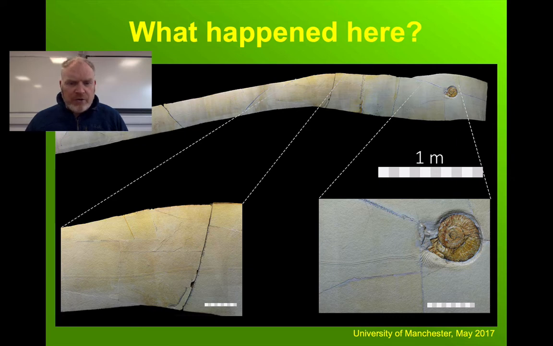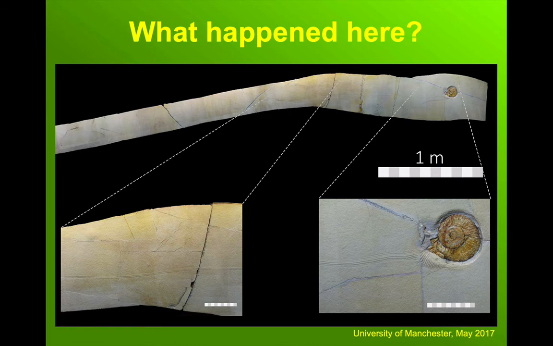If we follow that groove along, at the end of it, we find an ammonite fossil. This is, if you like, the last journey of this organism, as it's been dragged perhaps by a current along the seabed before the animal itself finally dies and becomes incorporated into the sediment.